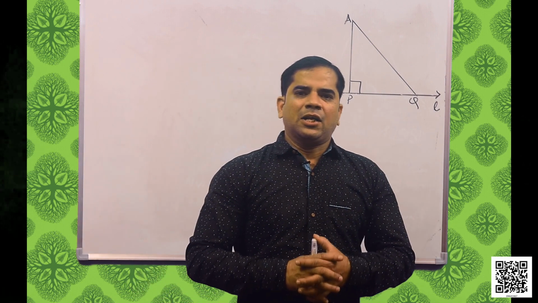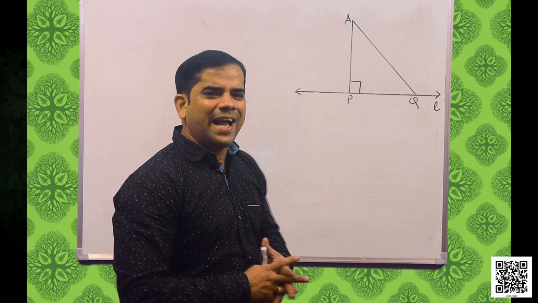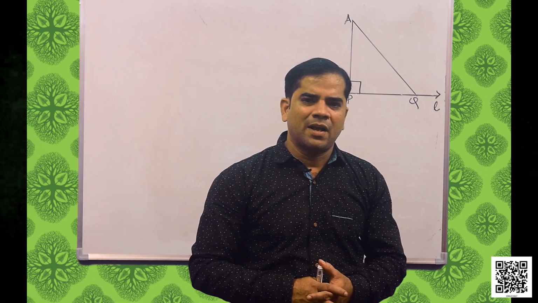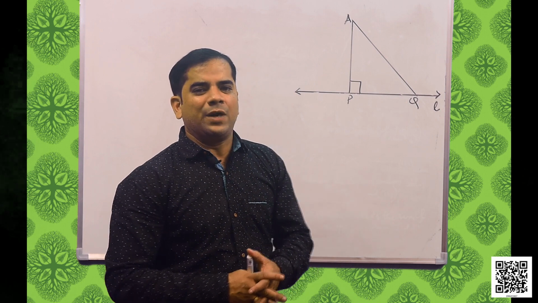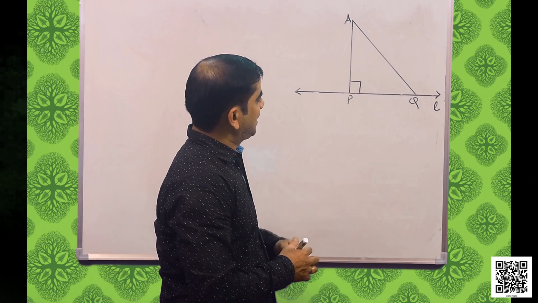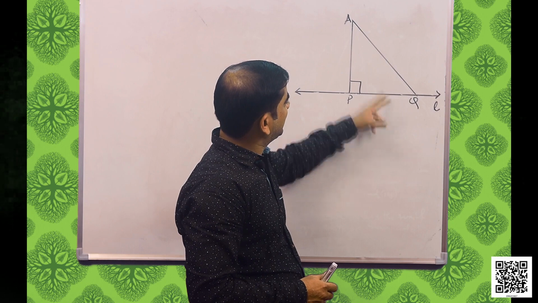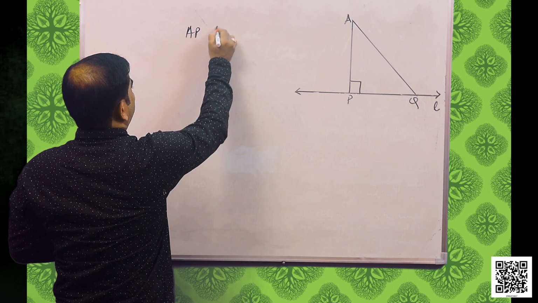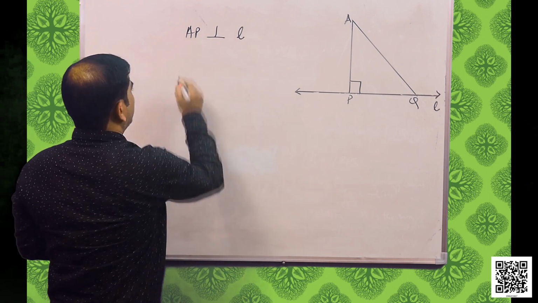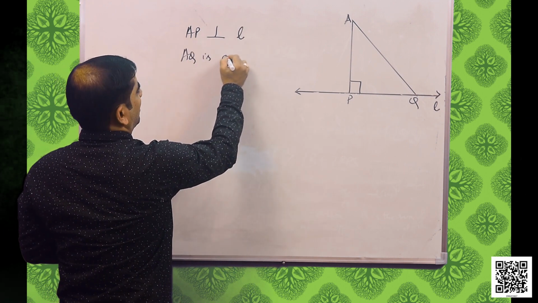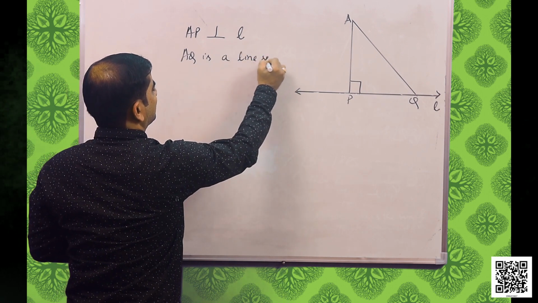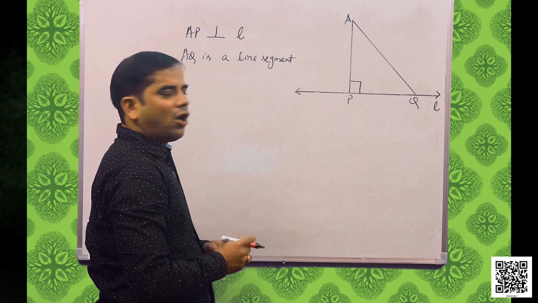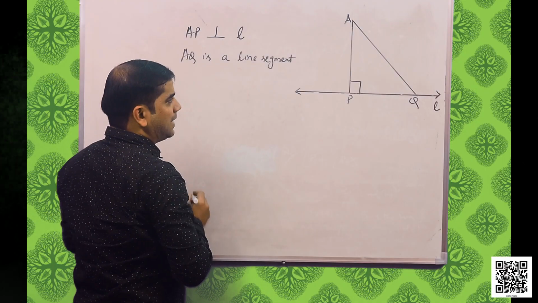Fine. So, AQ is any other line segment. Angle APQ is greater than angle AQP. So, in this case, AP is perpendicular to L, AQ is a line segment, and P and Q lie on line L. Fine.